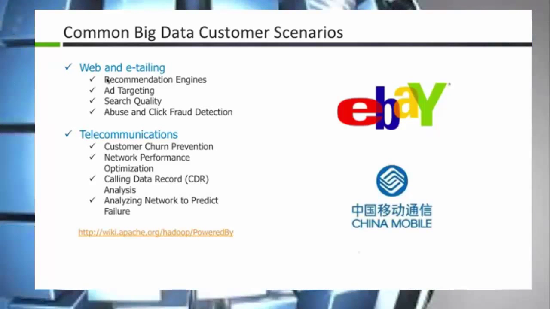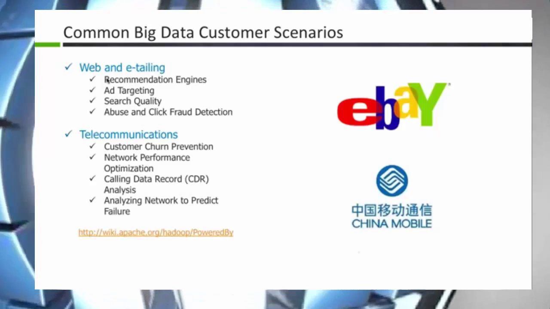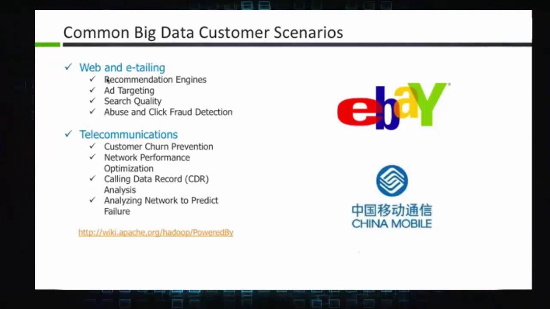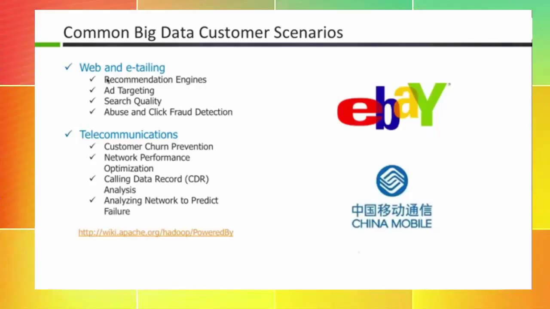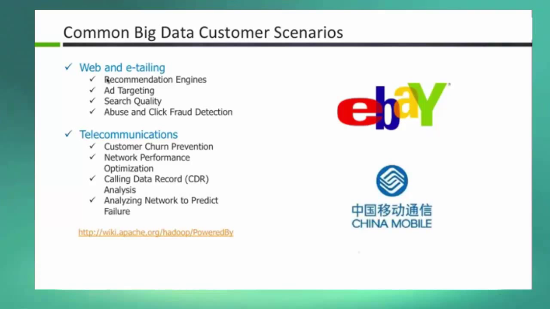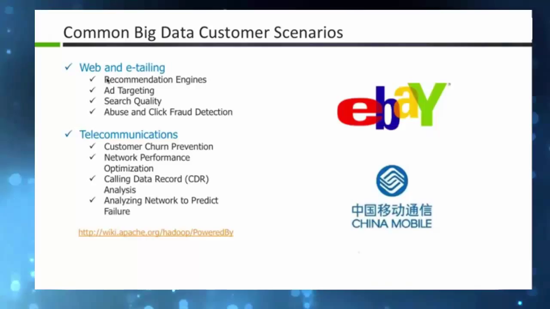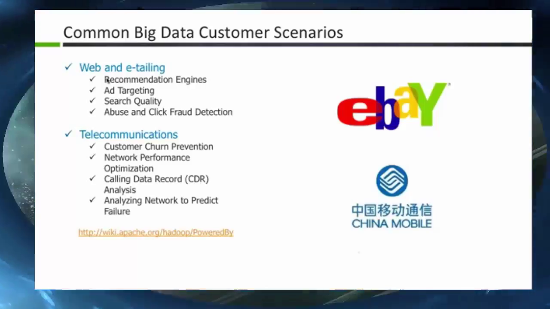If you have to look at the performance of your value-added services schemes, you have to analyze a huge amount of data. How many people actually used that particular top-up plan you gave, and what was the churn from there? That is the kind of analysis we do using Hadoop or big data analytics.